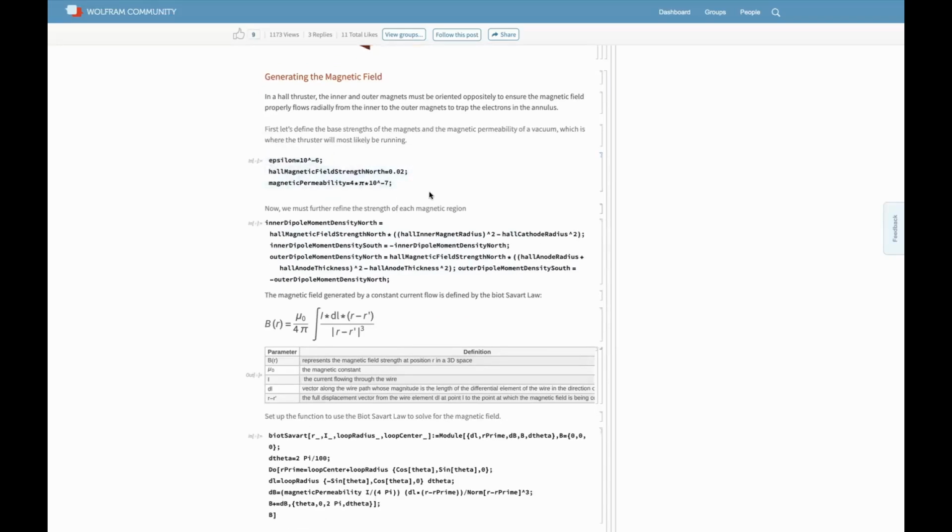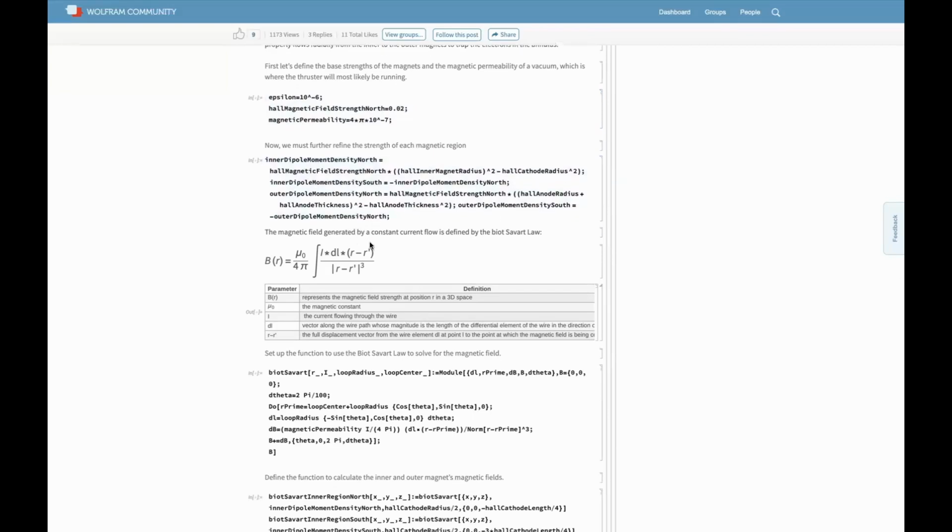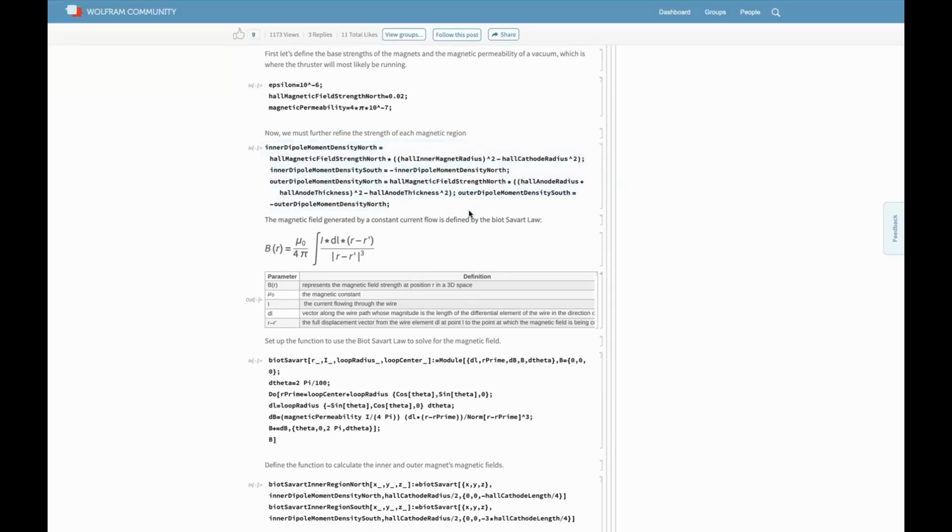So these are basic values like magnetic permeability, and I also defined the magnetic field strength of the magnets to be 0.02 Teslas, which is a typical value for these Hall effect thrusters. And then I used the Biot-Savart law to find the magnetic field through the entire domain.